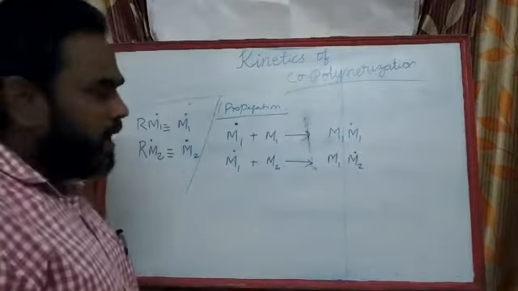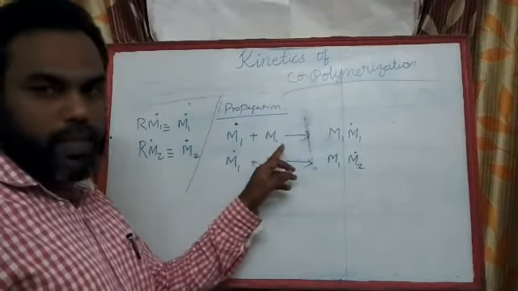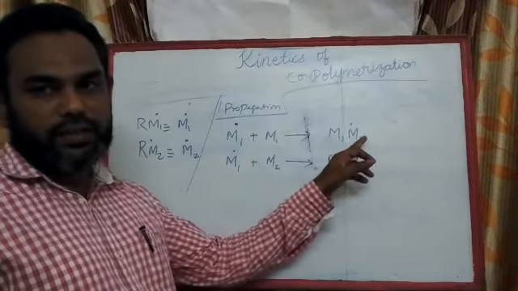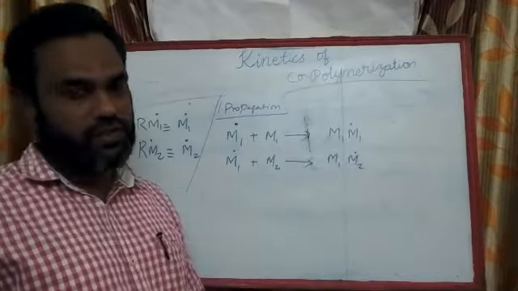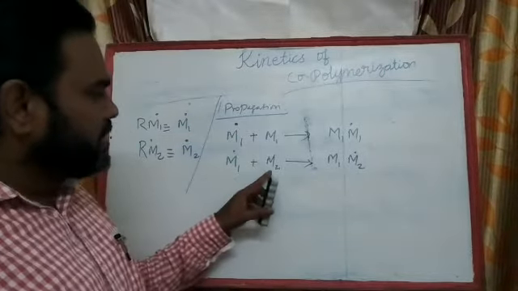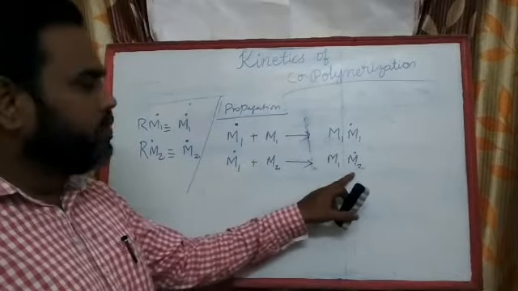The radical is transferred from M1 to the same M1. This is called self propagation. And the M1 radical transferred to M2 gives M1 M2 dot.